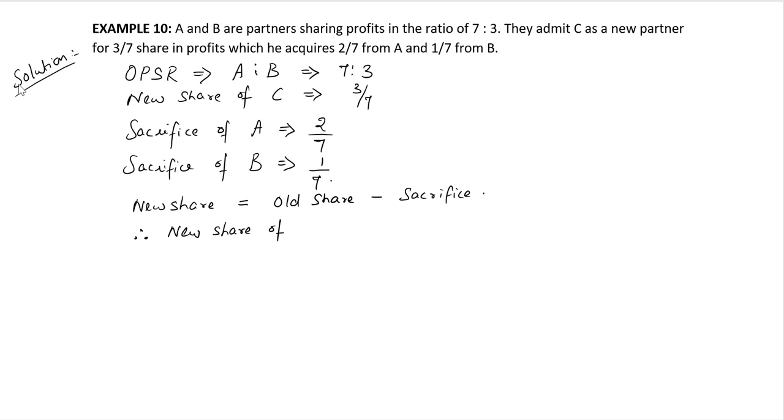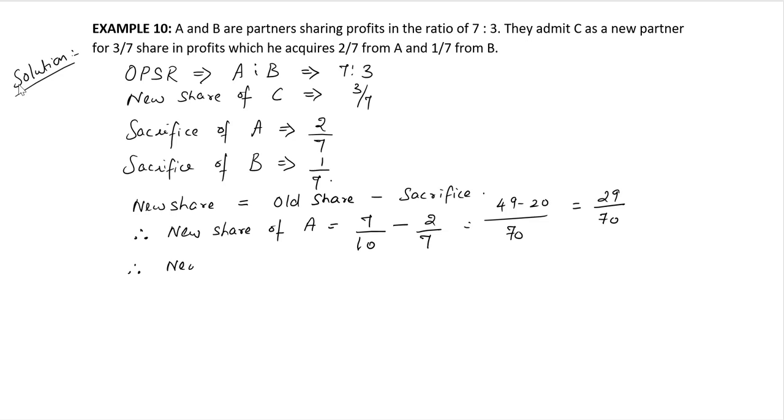Therefore, new share of partner A is equal to old share 7/10 minus the sacrifice of A, which is 2/7. Comes up to 29 divided by 70.